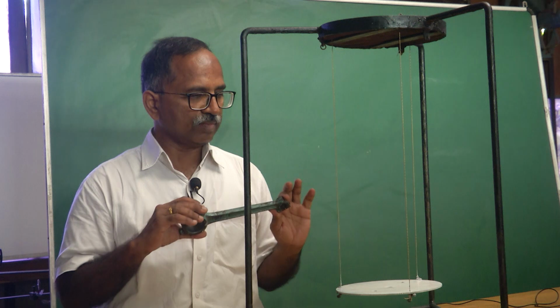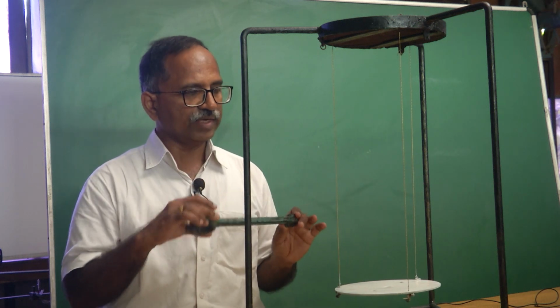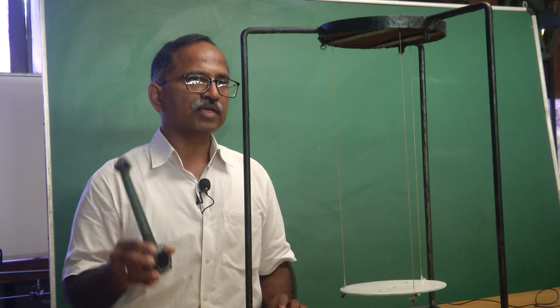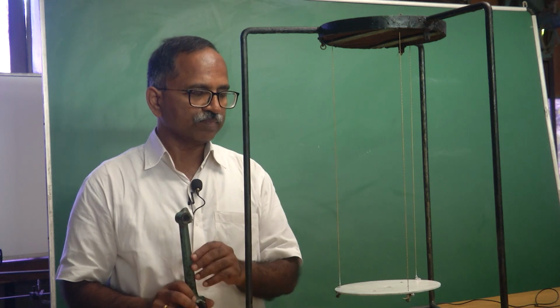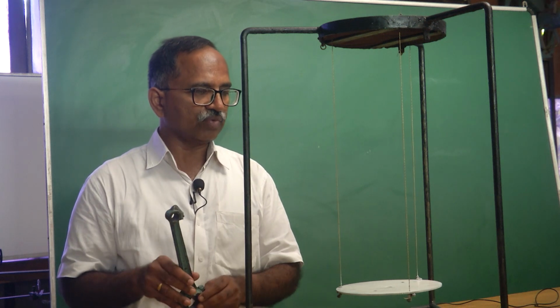So, by subtracting the mass moment of inertia obtained from the second reading from the first reading, I will basically get the mass moment of inertia of the object that I want to find.